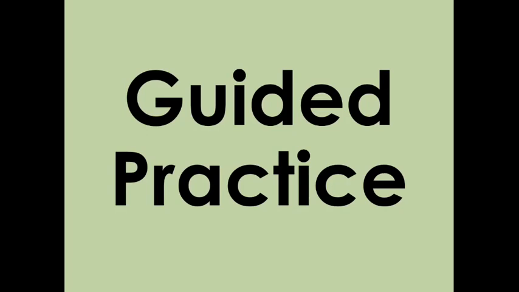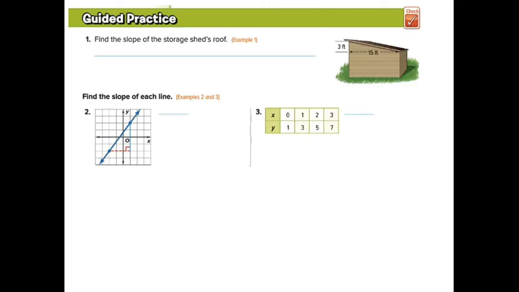Okay, go ahead over to your guided practice section, and let's look at numbers 1, 2, and 3. Number 1, find the slope of the storage shed's roof.